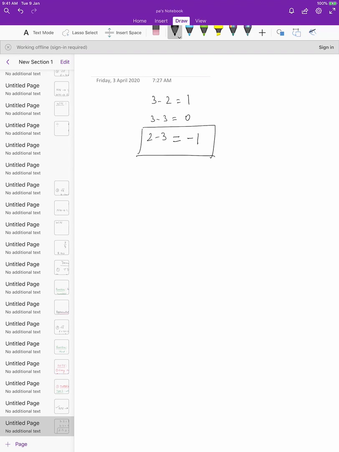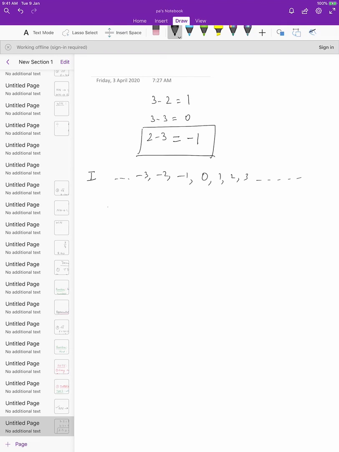So, with the introduction of negative counting numbers, a new set was introduced, that was a set of integers. So, integers contain negative counting numbers, the number 0 and the positive counting numbers.